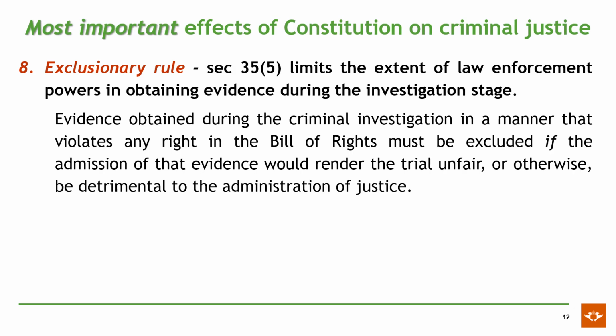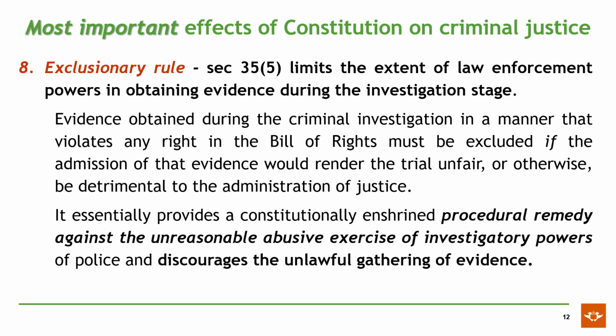The law enforcement powers are necessary, it's important for crime control, but there must be limits on the extent of exercising such powers, because otherwise they would become overzealous and unjustifiably infringe on human rights. So if in a search or a seizure, during a certain criminal investigation, things are done by police officials in a wrongful manner, the evidence they obtain may be excluded at trial by way of Section 35(5).